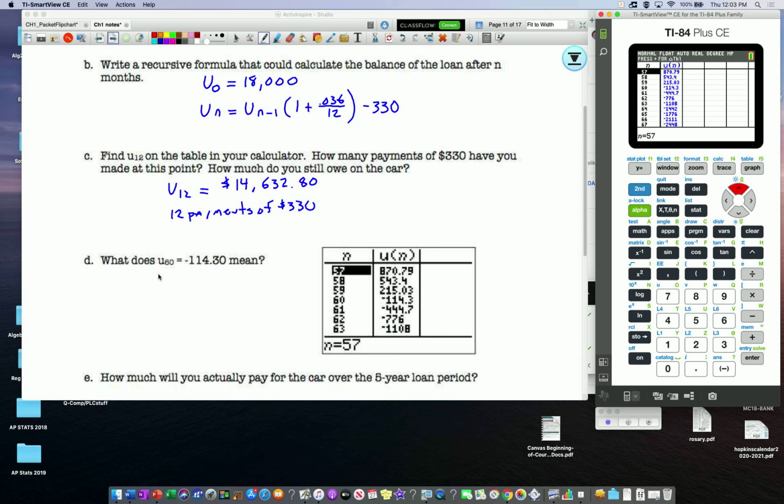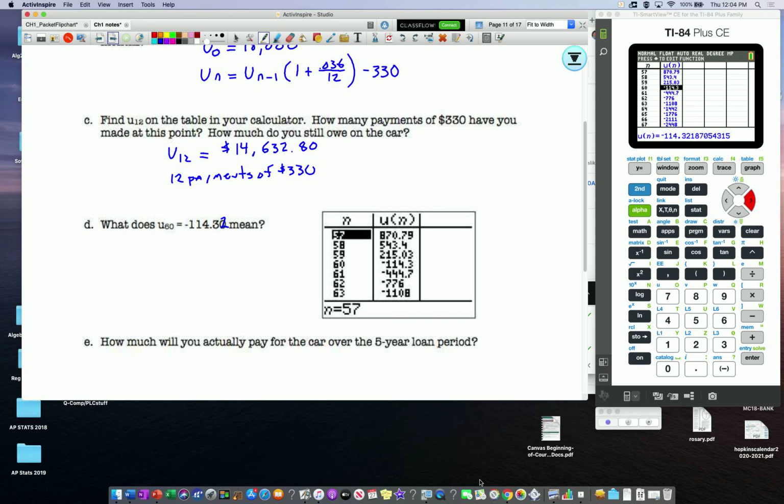So what does this U sub 60 negative 114 mean? This is the one thing I want to highlight, because I think there's a little mistake. It really should say 32. I think when these notes were written, even the teacher made the mistake a little bit on that one.